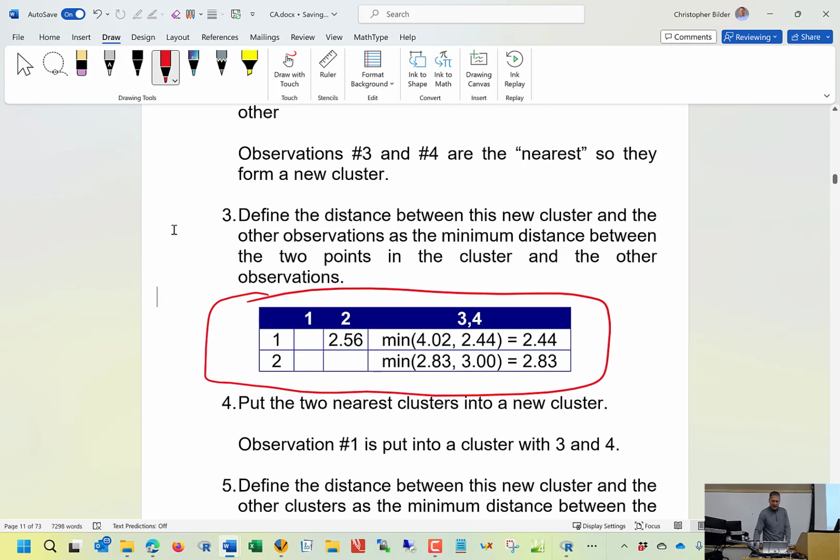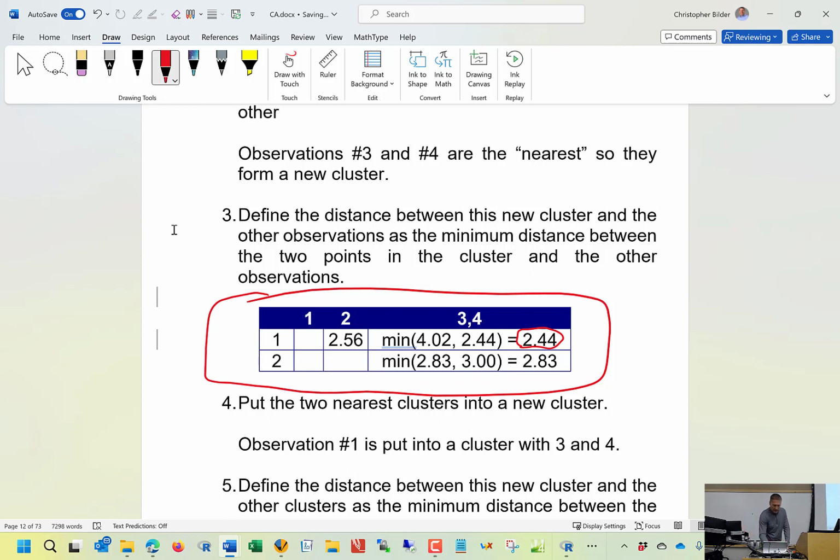So the distance from cluster 1 to the cluster that has 3 and 4 in it is 2.44. Nearest neighbor: observation 4 is the nearest neighbor to 1 when I compare 1 to the cluster that has 3 and 4 in it. That's where the name comes from.